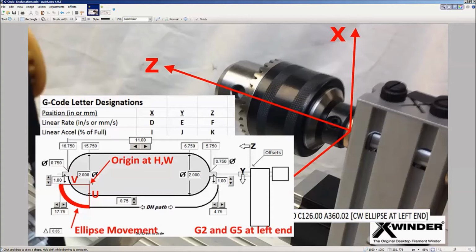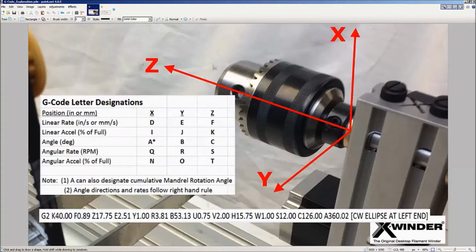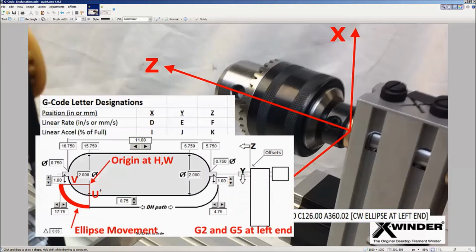Notice that the U and the V in this case are, so this is a quarter or one quadrant of an ellipse with a semi-axis measurement of U and another semi-axis measurement of V. The origin is at H and W. So H is for Z and W is for Y.